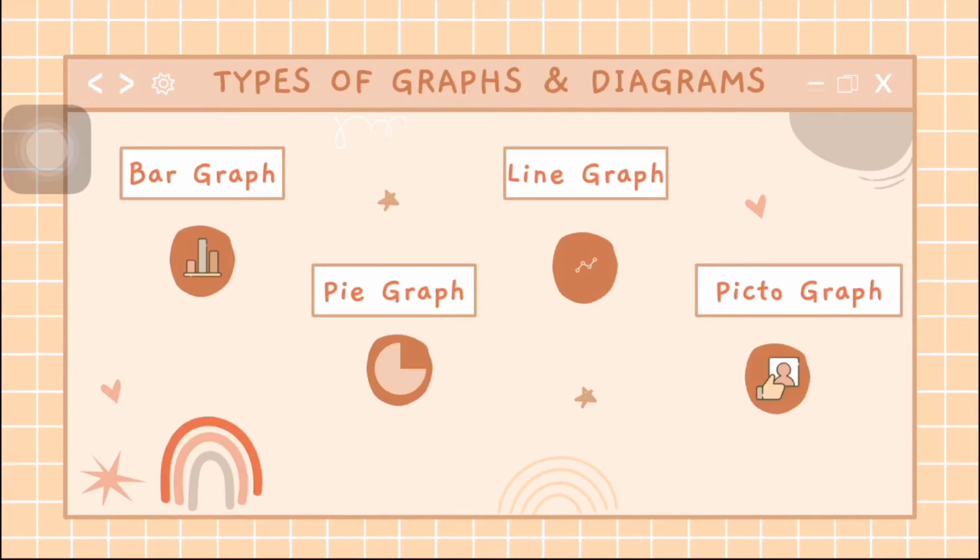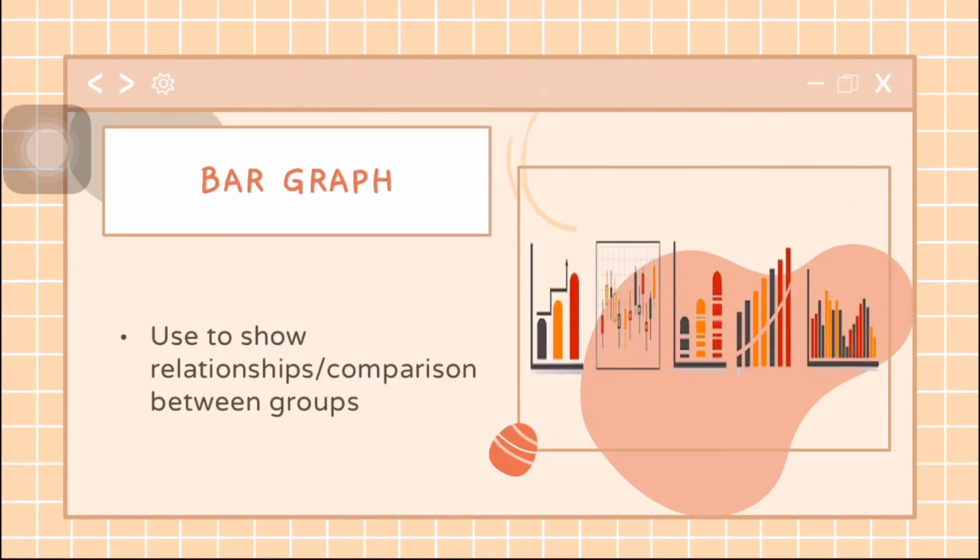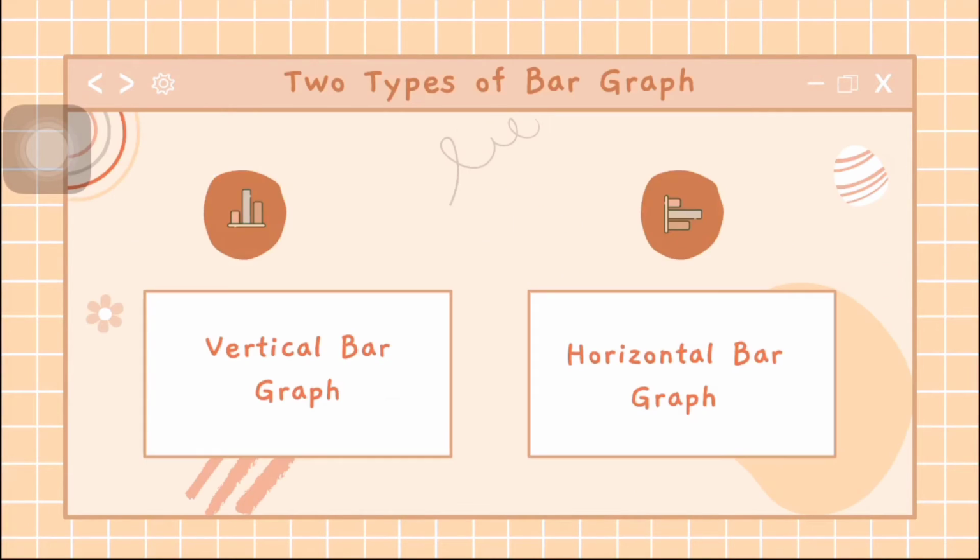There are four types of graphs and diagrams: the bar graph, pie graph, line graph, and pictograph or pictogram.